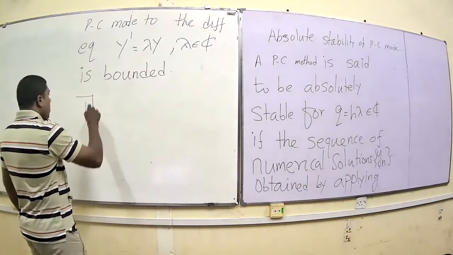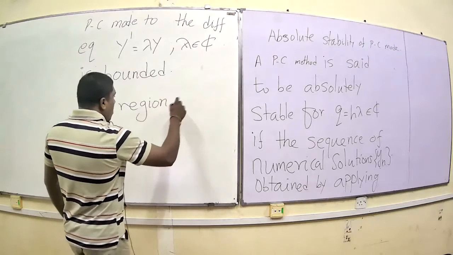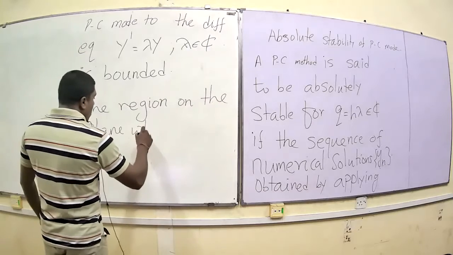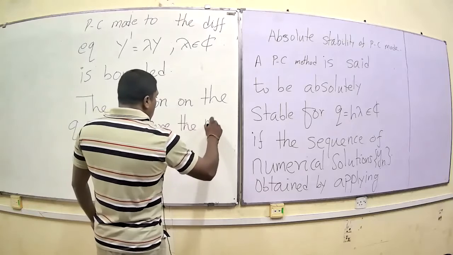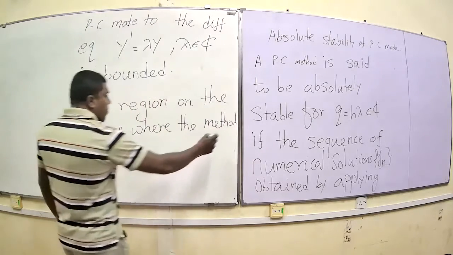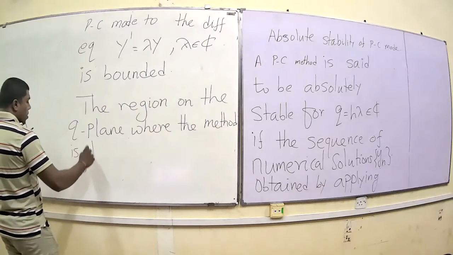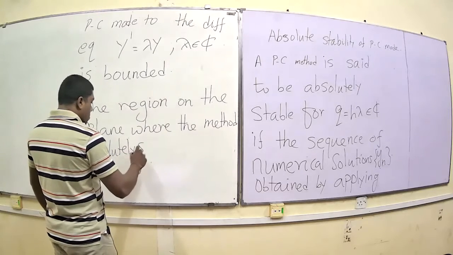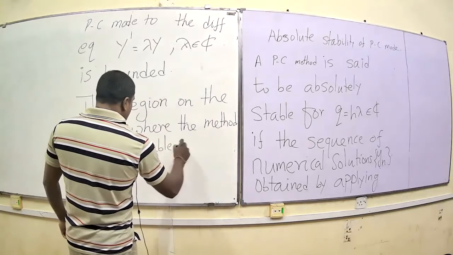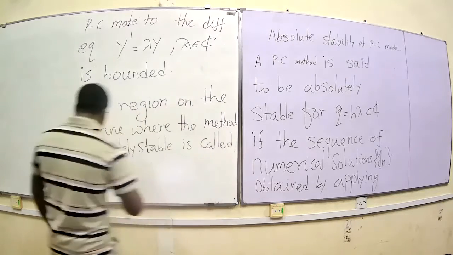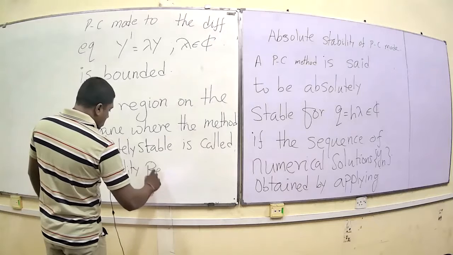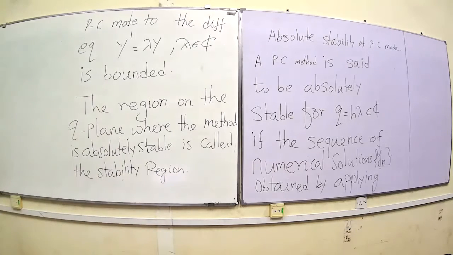And the region at which the method is absolutely stable is called the stability region, right?